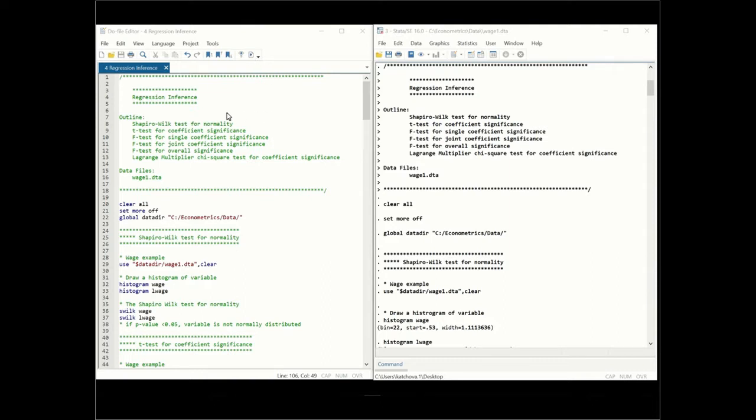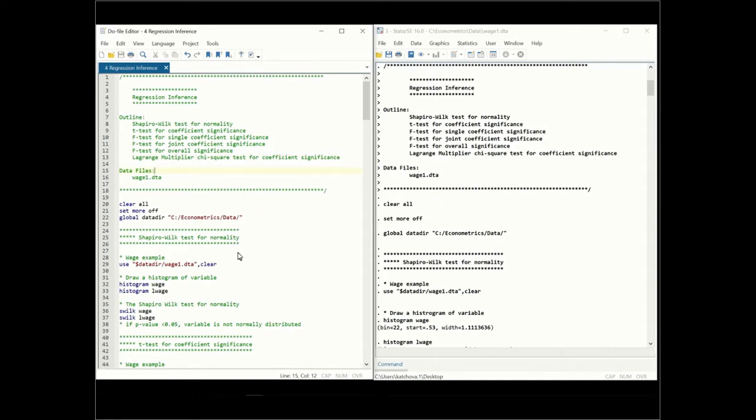In this Stata program, we will talk about the Shapiro-Wilk test for normality, the t-test for coefficient significance, the f-tests for either single coefficient significance, joint coefficient significance, or overall significance of the regression. And then we will talk about Lagrange multiplier chi-square test for coefficient significance.